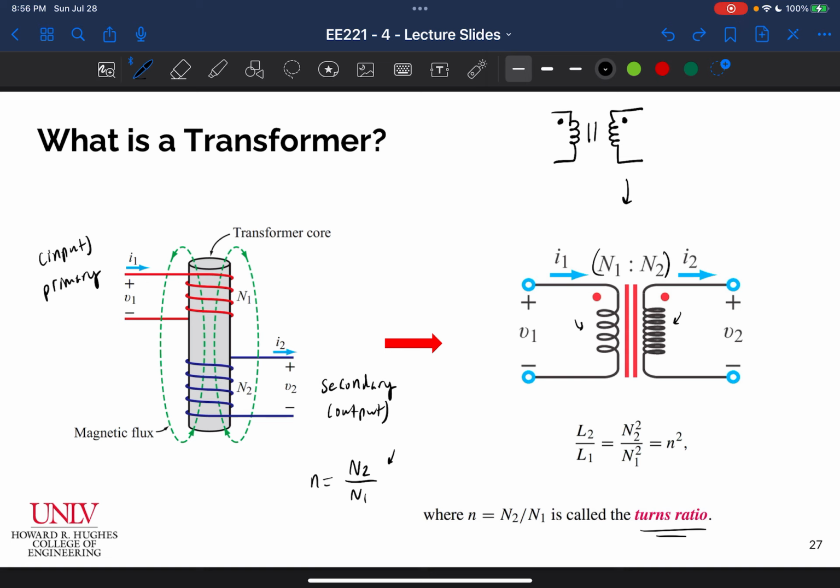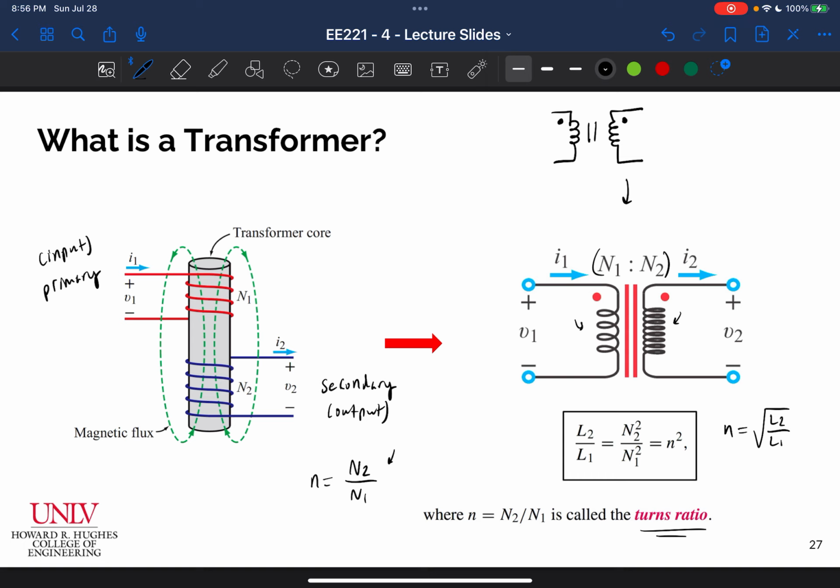So let me actually just throw a box around that. This is going to be a really important equation. So if I just give you values for L1 and L2, you should really easily be able to calculate the turns ratio, because basically it's saying that the turns ratio N is equal to the square root of L2 over L1, okay? And so these turns are really important because they tell us how the voltage is stepped up, okay?